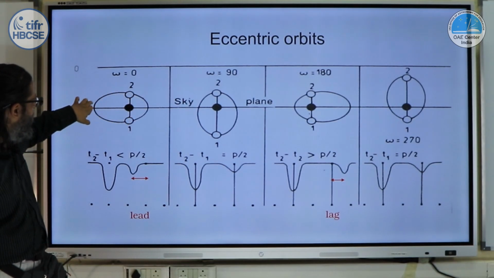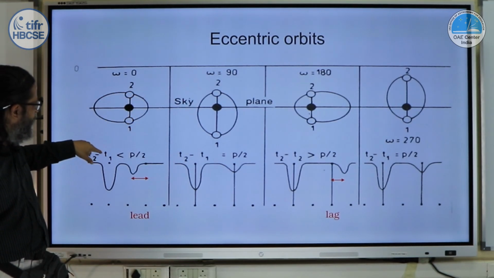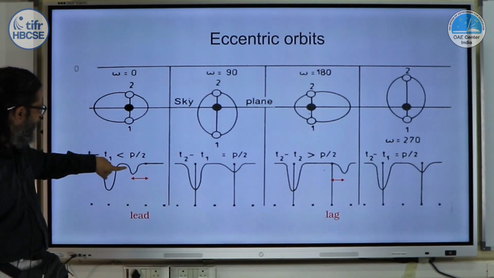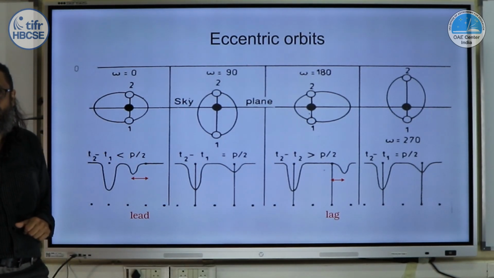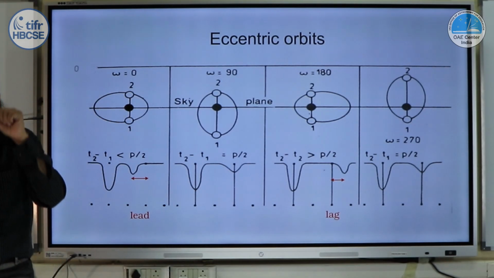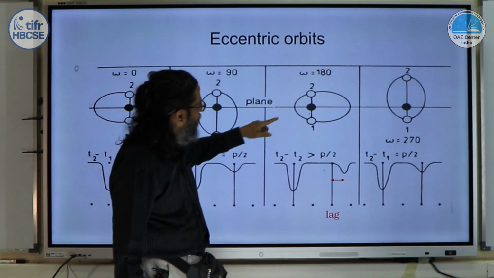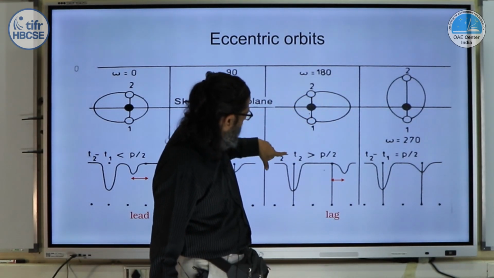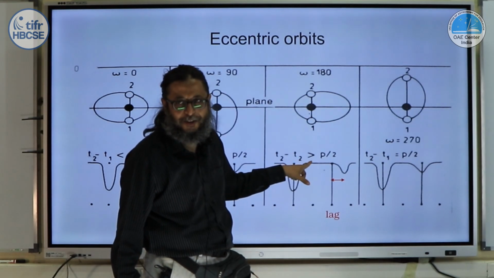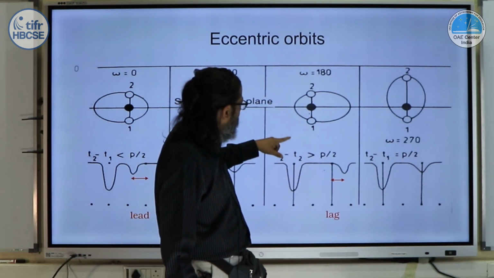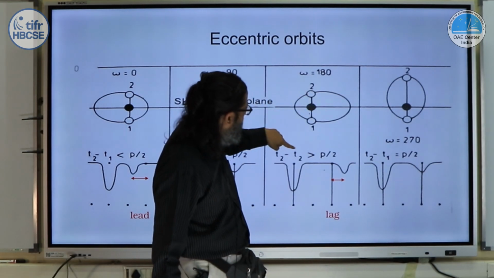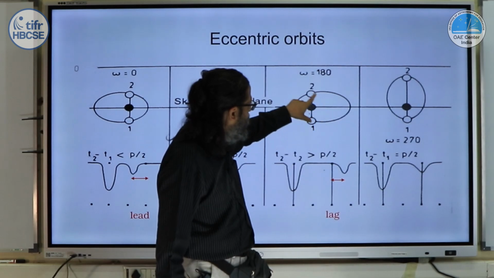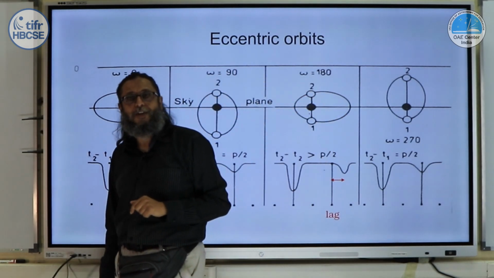So, in this orientation, if you measure that T2 minus T1, the time gap between these two points, is less than the total periodicity, then you know this is the orientation of the ellipse. And when this is my 1 and this is my 2, there is a typo here, it should not be T2 minus T2. When T2 minus T1 is greater than P by 2, then this corresponds to this particular orientation of the ellipse.